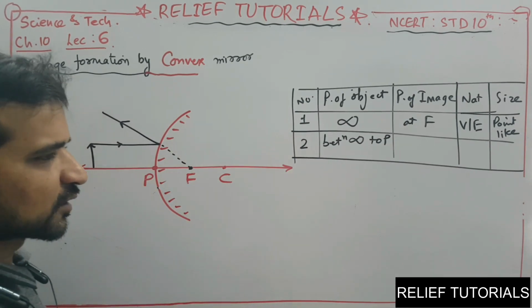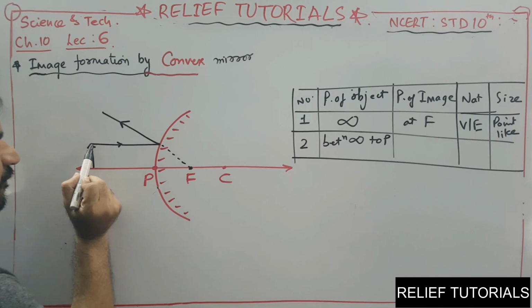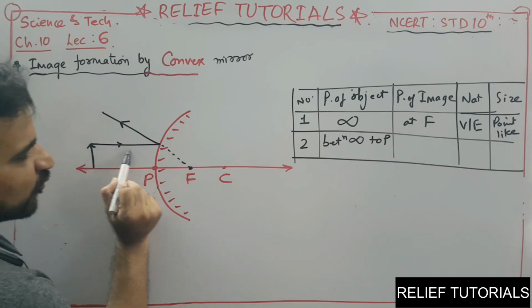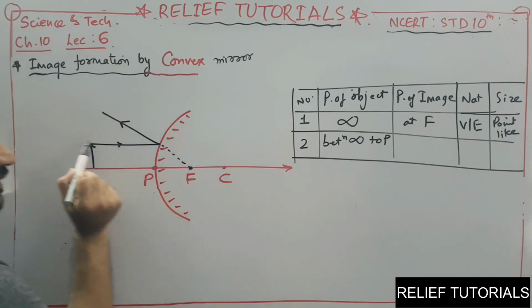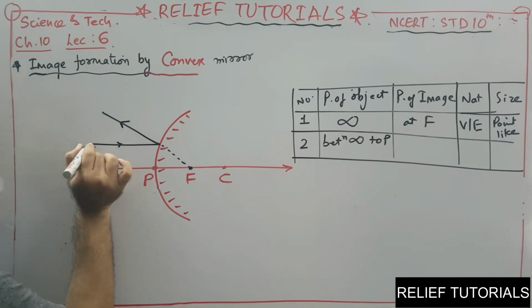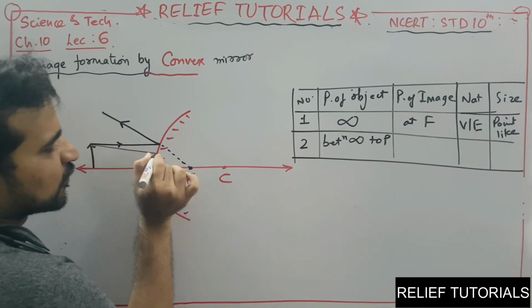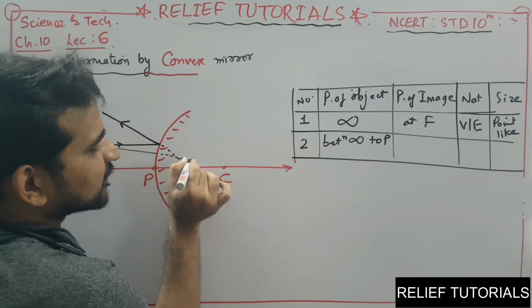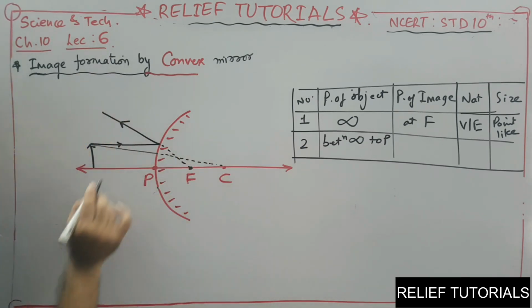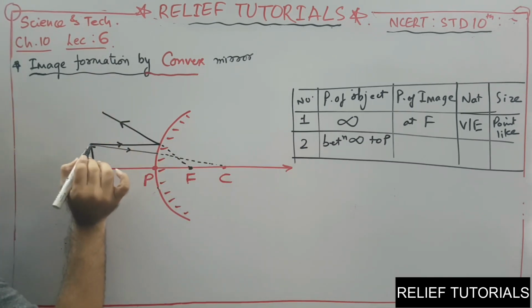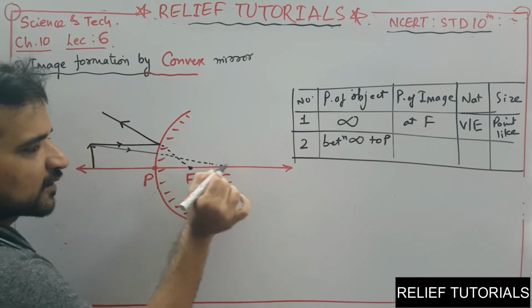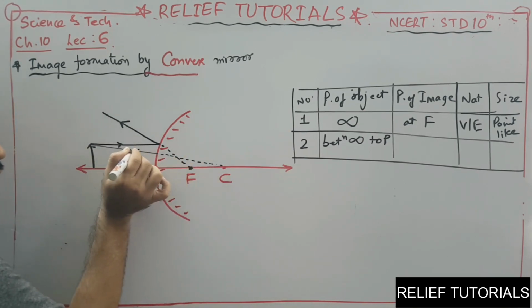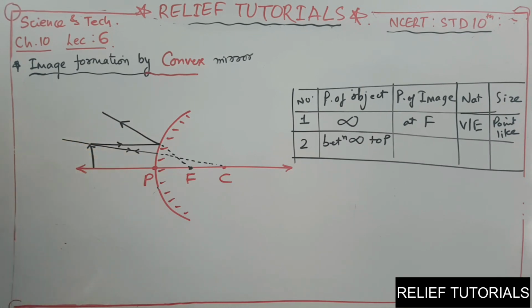Or you can use the third and the easiest rule, that if the incident ray goes directly from C, it will reflect in the same direction. So this is the third rule ray, the incident ray passing from center of curvature, and it reflects back in the opposite direction like this.